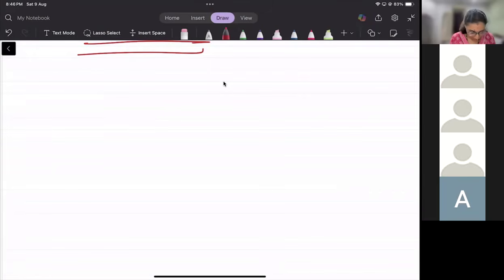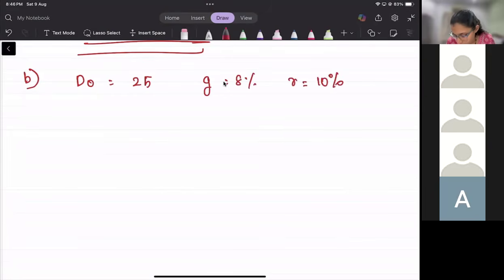So we'll first have to find out the EPS. How will we find out the EPS? We know the dividend is 25. Growth is 8%. And since we have assumed return is 10%, we have to find out our retention ratio.